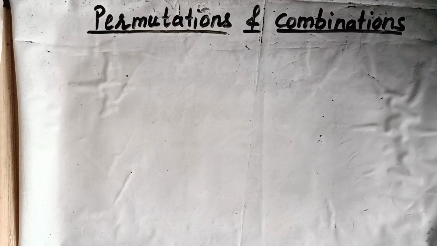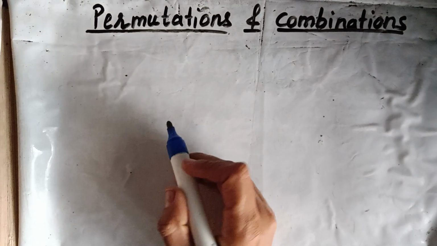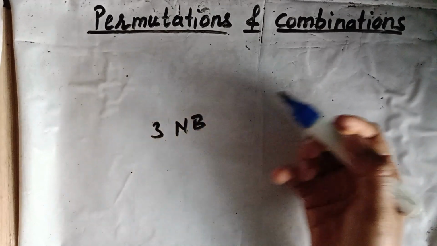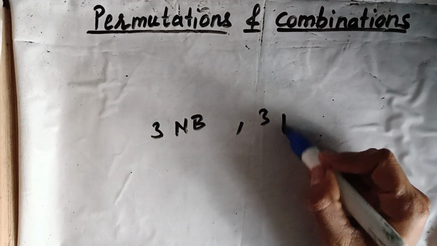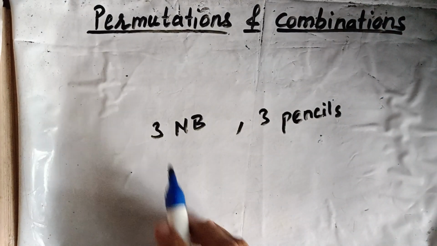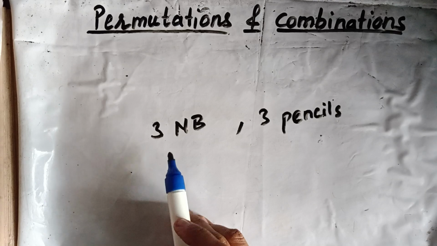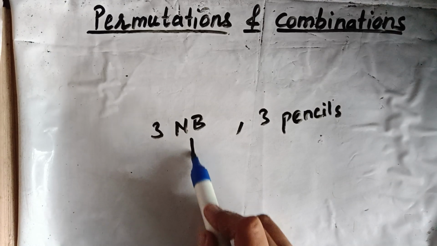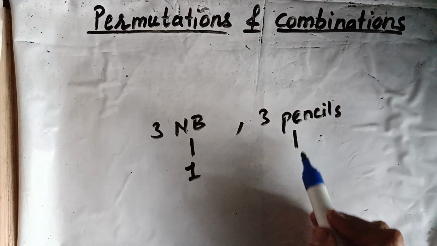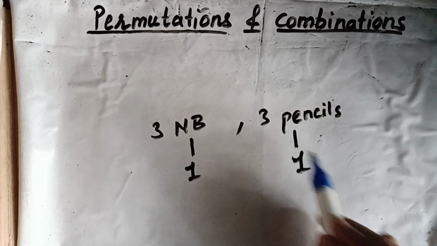if a student has three notebooks and three pencils. So the way he chooses this, that is, he chooses one notebook from these three notebooks and one pencil from these three pencils.